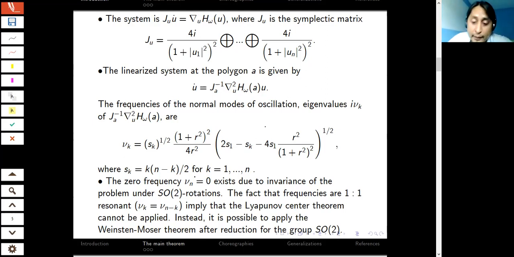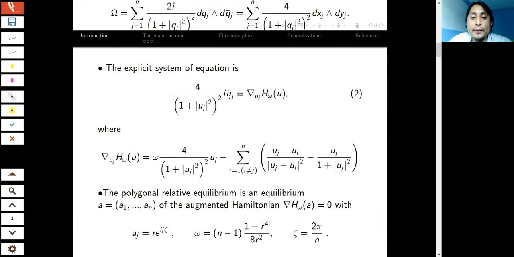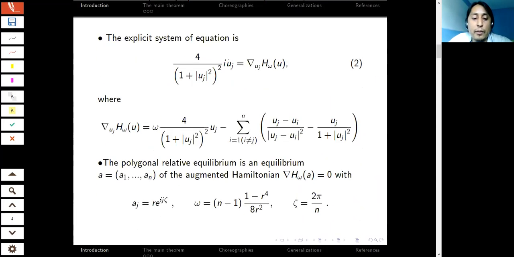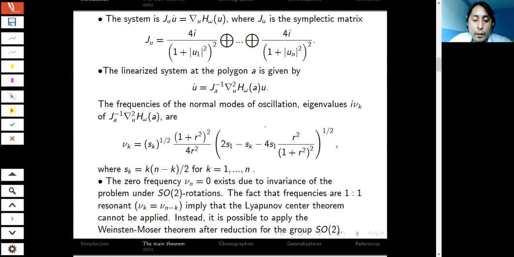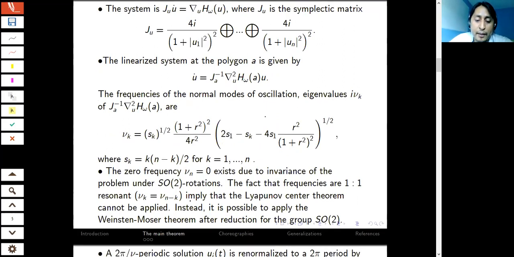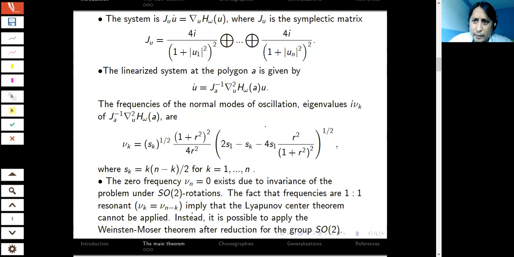So the classical Lyapunov-Center theorem cannot be applied in order to show that the periodic solutions of the linear system persist in the nonlinear system. Those periodic solutions are going to be relative periodic solutions close to the relative polygon.